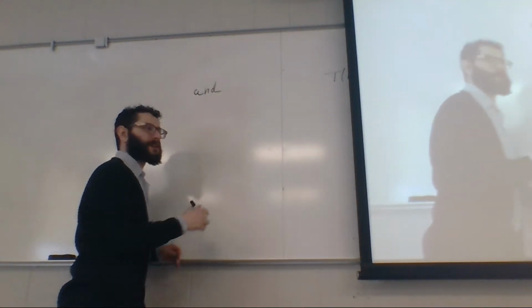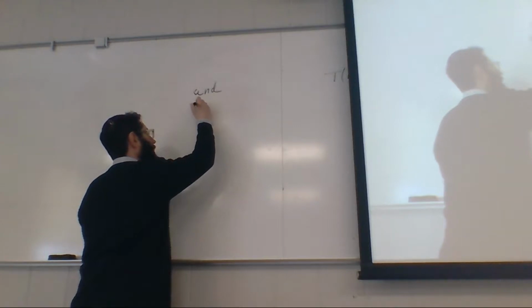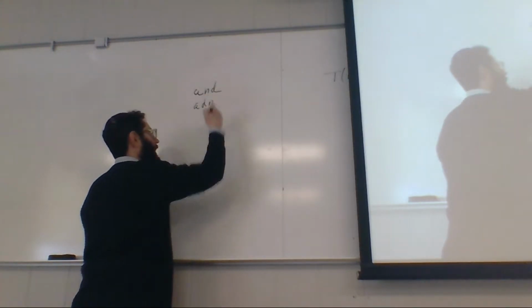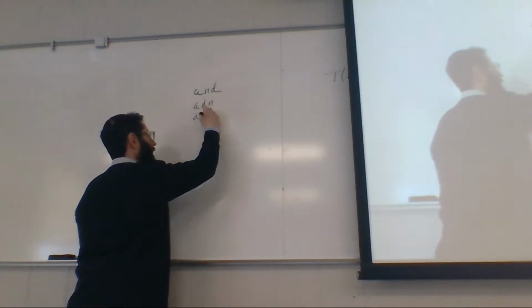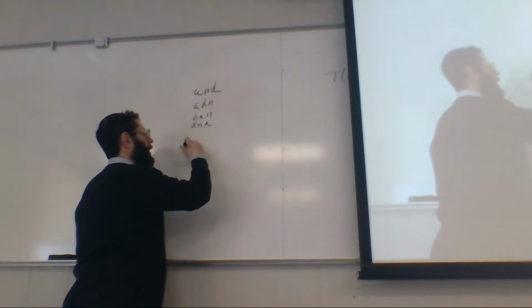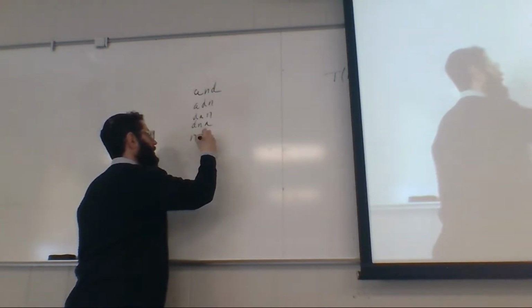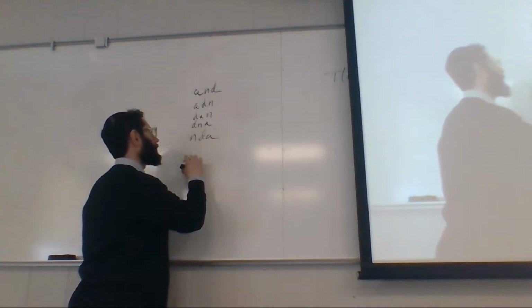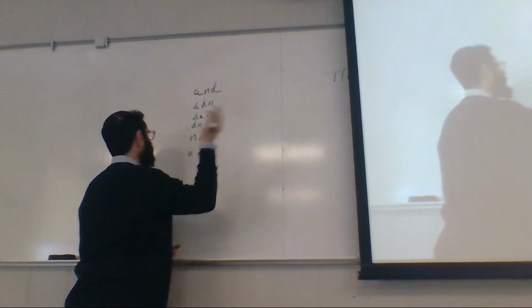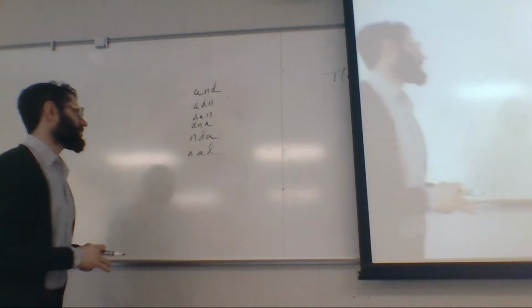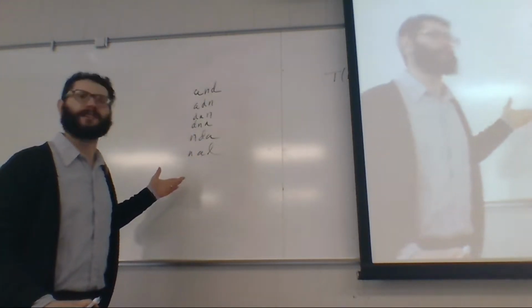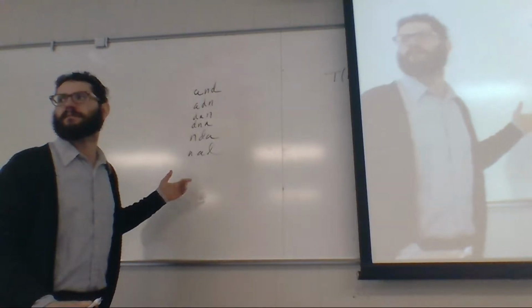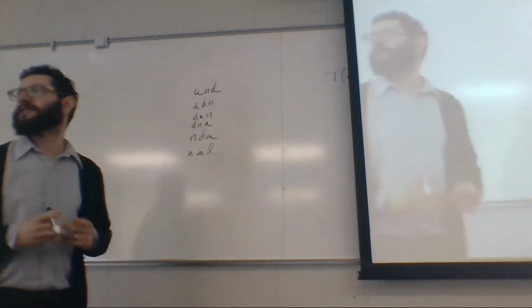Let's look at some other permutations of "and": A, D, N; D, A, N; D, N, A; N, D, A; N, A, D. So we've got a couple different combinations, and these are all permutations of "and." Are these all the permutations of "and"? Yes. Okay. How many permutations are there?